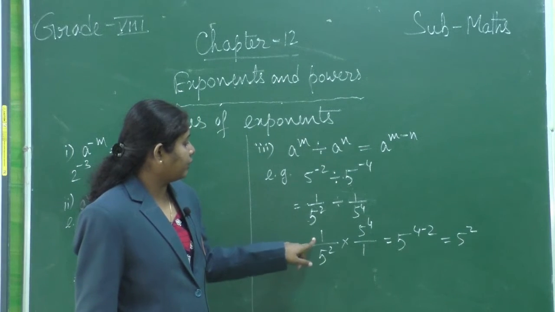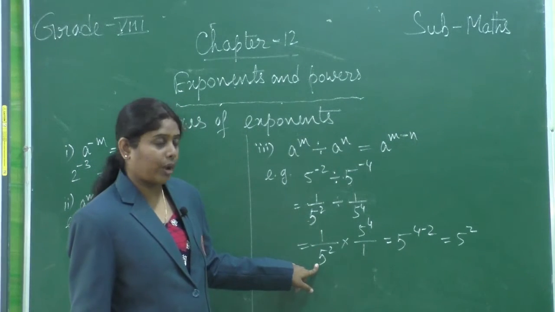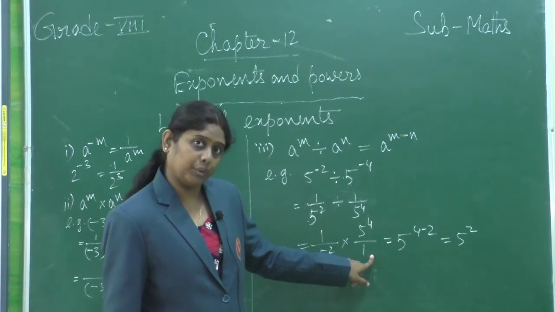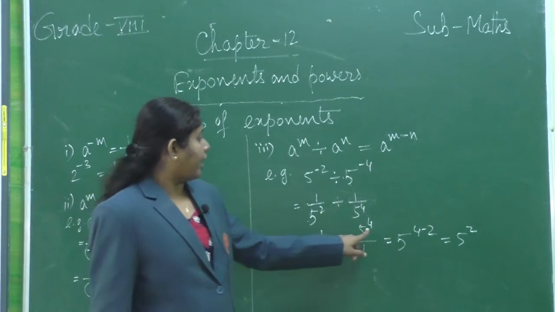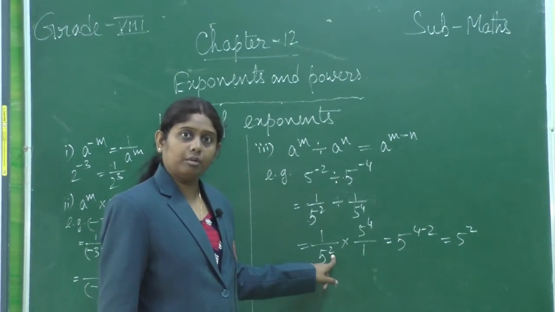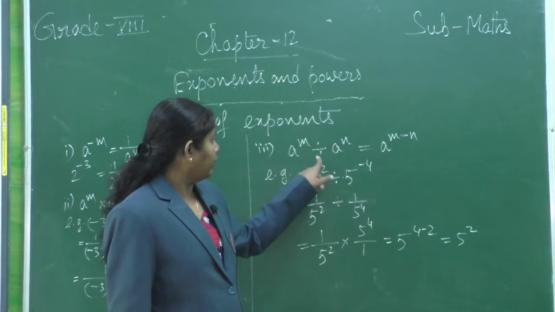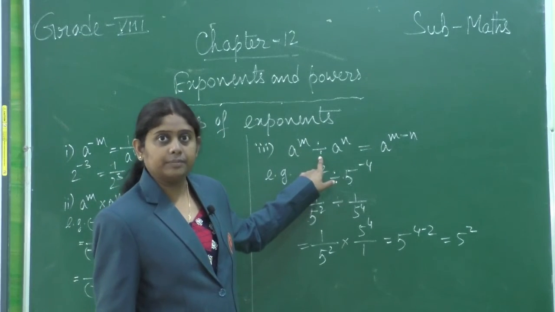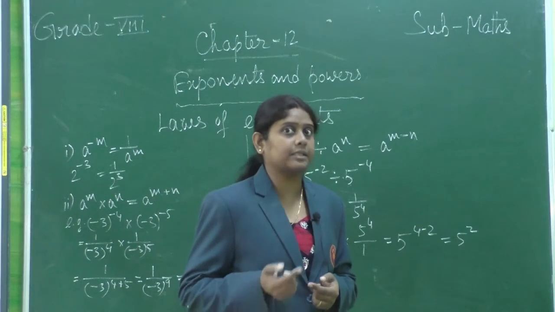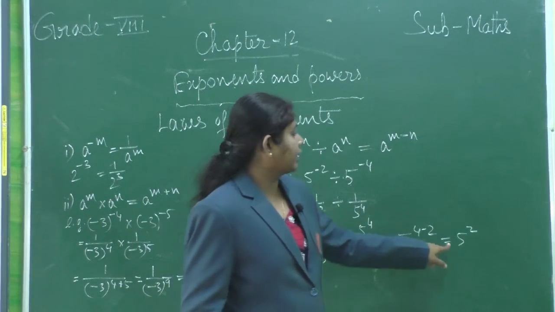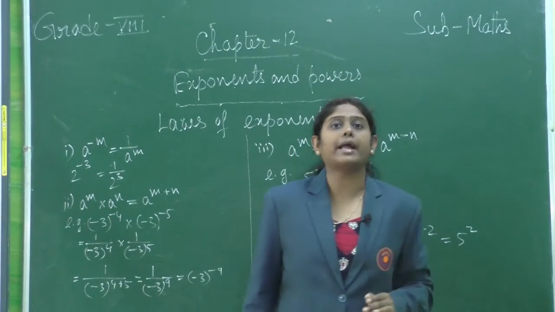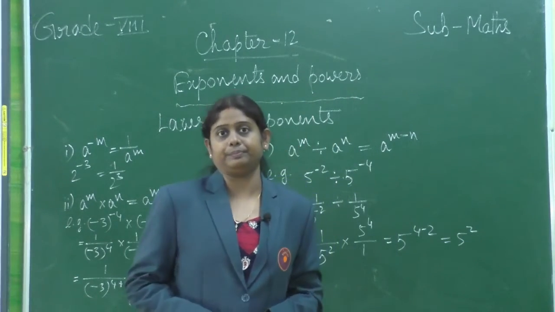So our next line will be 1 by 5 square into 5 to the power 4 by 1. So 5 to the power 4 minus 2, because when we are doing the division, the exponent is going to be subtracted. Next we are getting the result 5 to the power 2, that means 5 square.